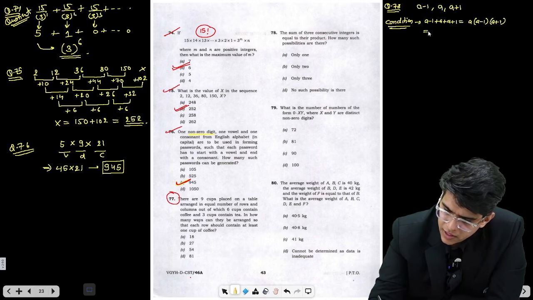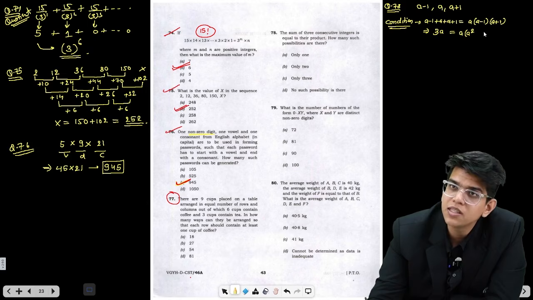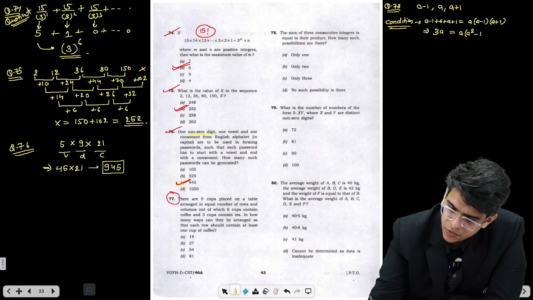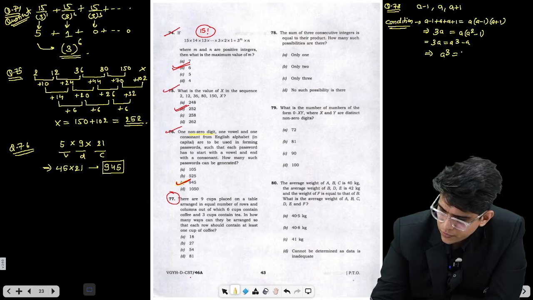The sum on the left hand side is 3 of A, right hand side it will be A into A square minus 1, since A plus B, A minus B is A square minus B square. This is nothing but 3 of A equals A cube minus A. By solving this, you will get A cube equals 4 of A.